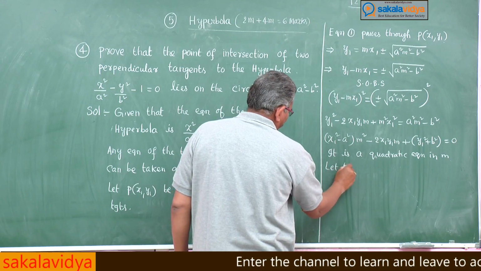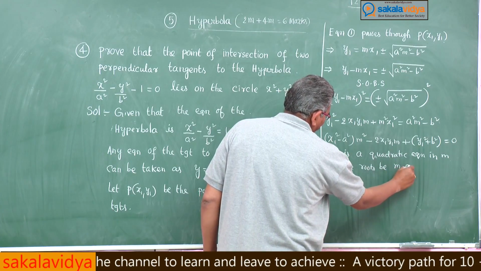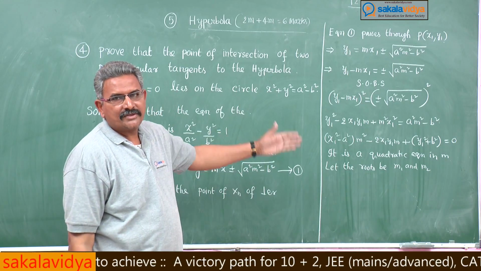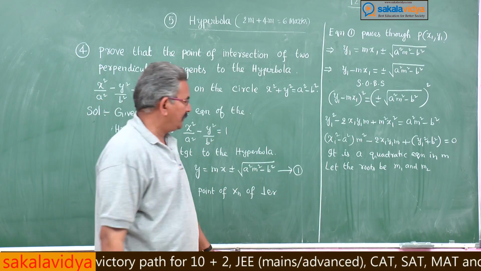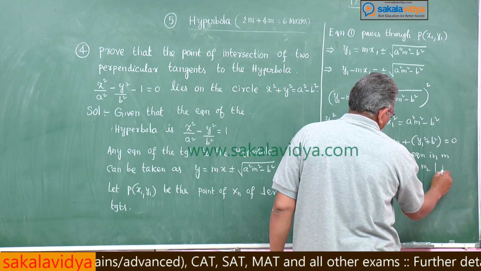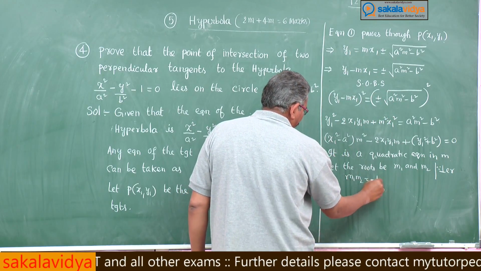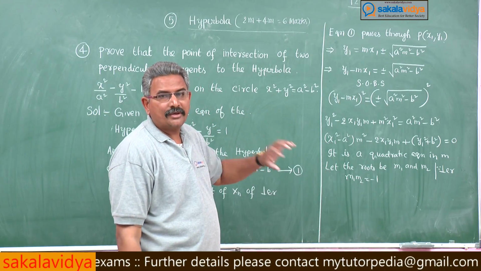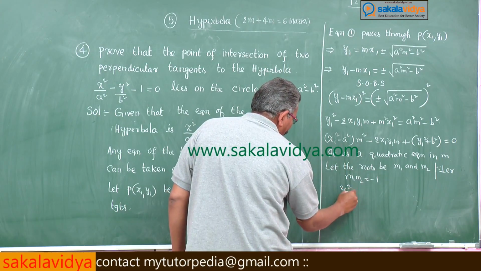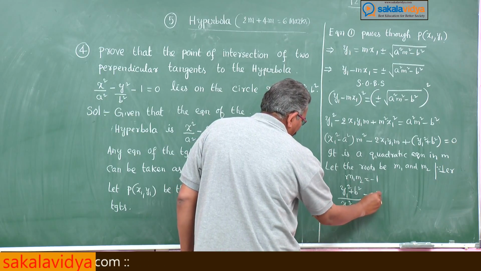Let the roots be m1 and m2, where m1 is the slope of the first tangent and m2 is the slope of the second tangent. Since they are perpendicular, m1 into m2 must be equal to minus 1. That means indirectly the product of the roots. Product of the roots means constant term by m square coefficient: y1 square plus b square by x1 square minus a square is equal to minus 1.